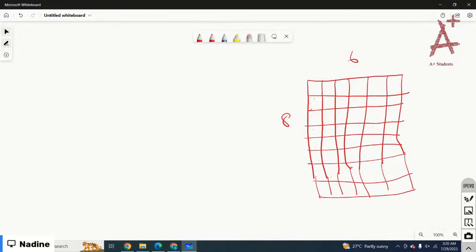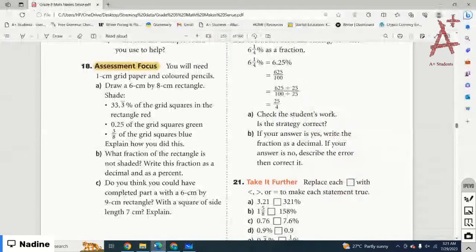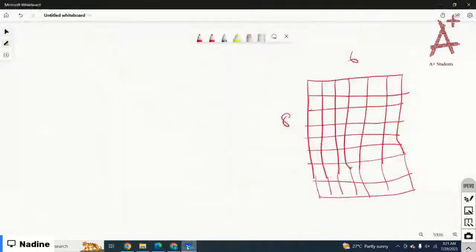Now the question is 33.3% of the grid squares in the rectangle red. So 8 times 6 is 48. That means in total we have 48 squares. Just calculate 33.3% of 48.